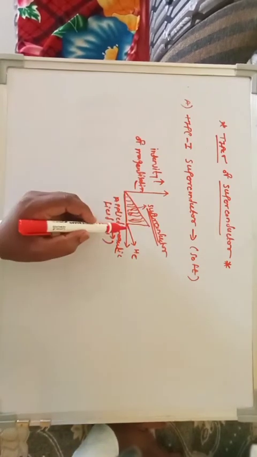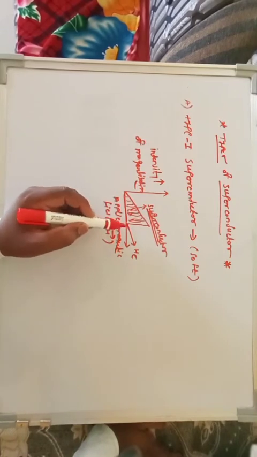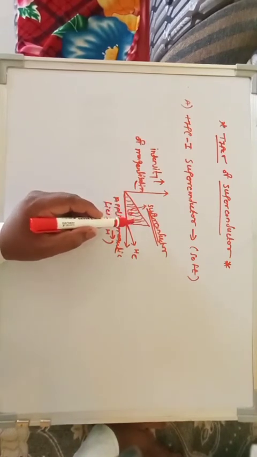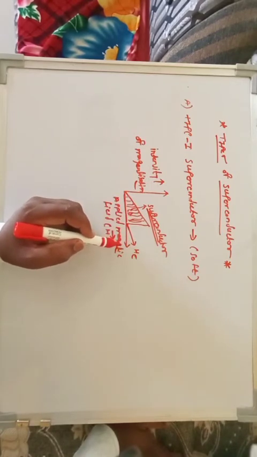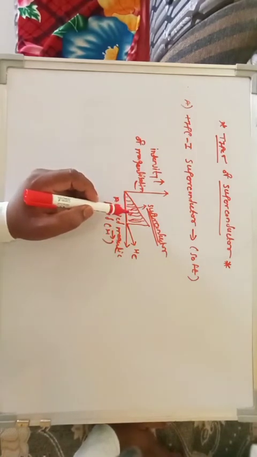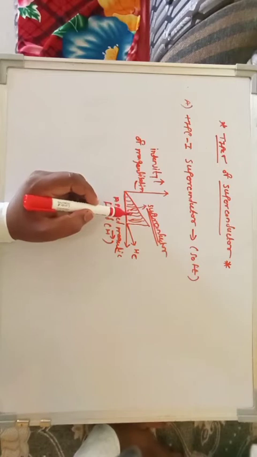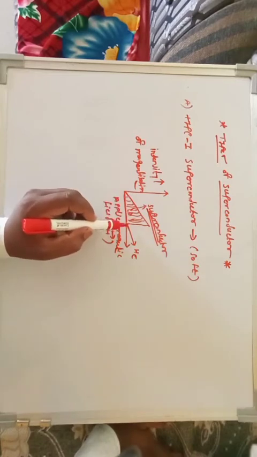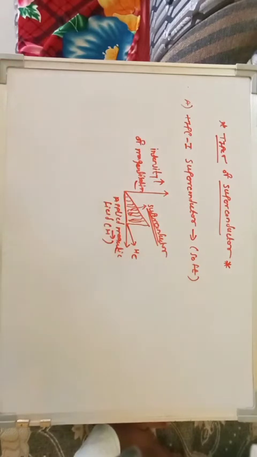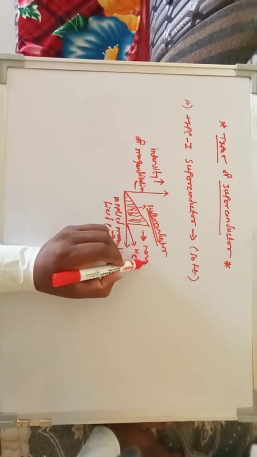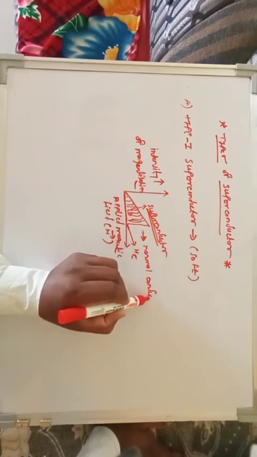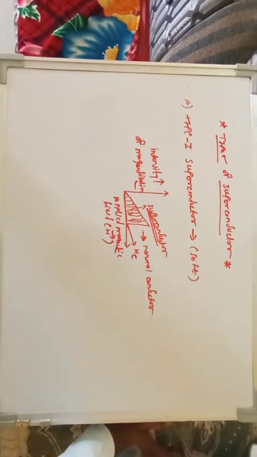Above this critical magnetic field, the material is sharply converted into normal conductor, so the resistivity also increases. Up to this, it is in superconducting state, so the resistivity of the material is 0. But above this critical magnetic field, the material has a certain resistivity and acts as a normal conductor. So this is the graph for type first superconductor.